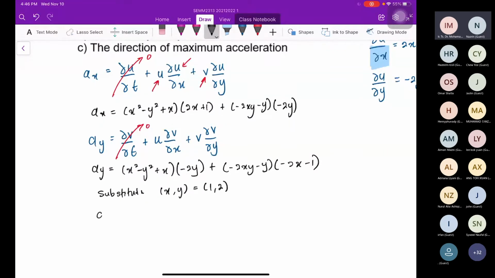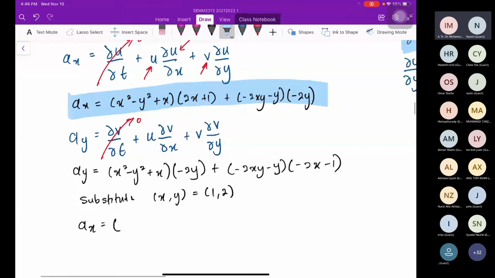Alright, start with ax first. Okay, focus this one, yeah. Okay, how to do that? Okay, x is 1. 1 squared minus 2 squared plus 1. 2 multiply with 1 plus 1.